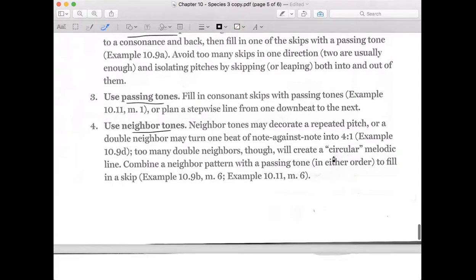We do want to be careful about having too much circular motion. So you don't want a melody that sounds like this. Right? It's very tiring very quickly. We didn't really go anywhere.